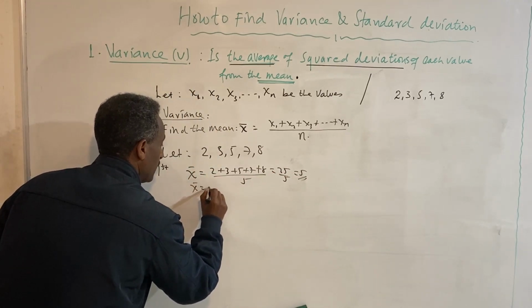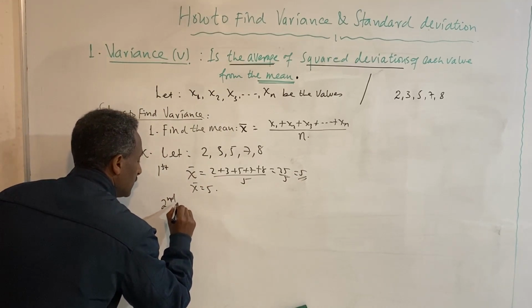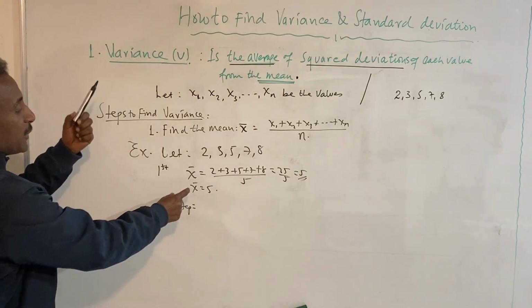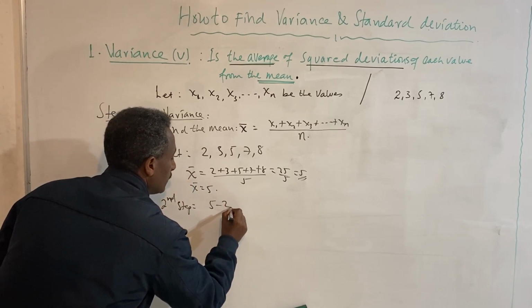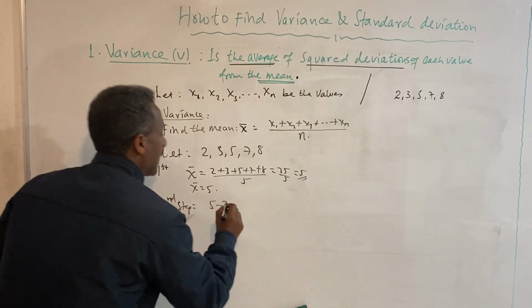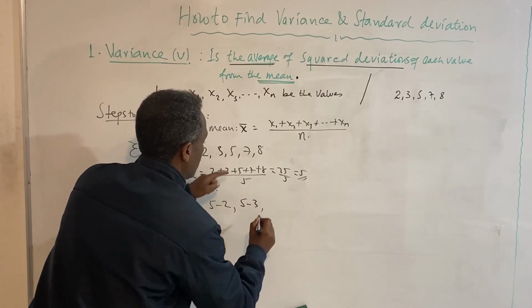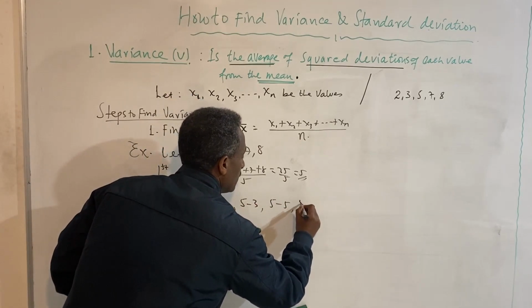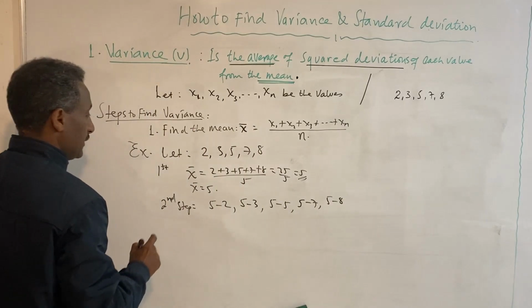Our mean is 5. Second step, what was it? We find the deviation of each value. 5 minus 2, again 5 minus 3, again 5 minus 5, then 5 minus 7, then 5 minus 8. This is the second step.